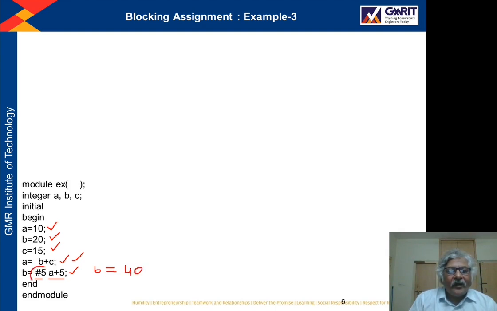after 5 unit time of the execution of the previous statement, right? So the previous statement executed at t is equal to 0, at that simulation time t is equal to 0. So this target signal B will get the value after 5 unit time of the execution of the previous statement.